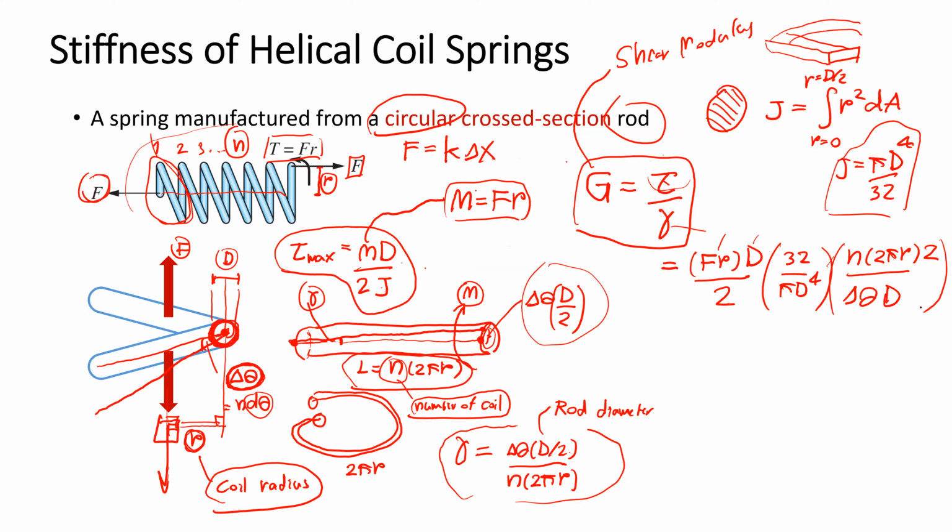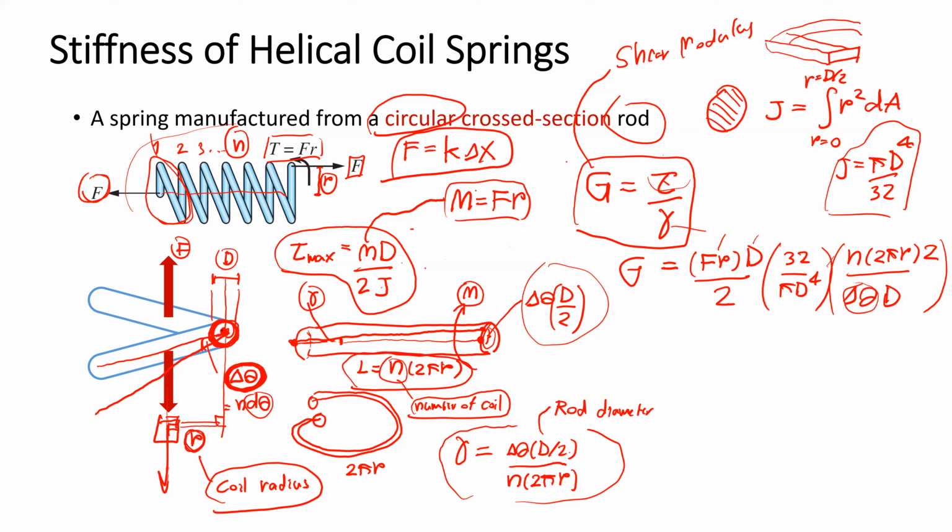The last thing that I forgot to do is how can we relate the delta theta to the linear displacement? The delta theta is the angular displacement at the center of the rod.